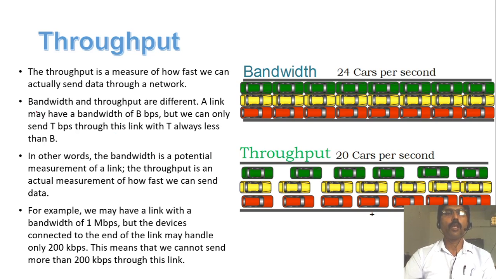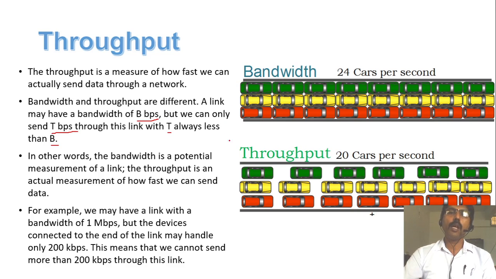For example, if you have a bandwidth of B bits per second, but we can only transmit T bits per second through that medium, T is always less than B. The bandwidth indicates the potential measure of the link. That means the maximum data we can send through that medium gives the bandwidth.